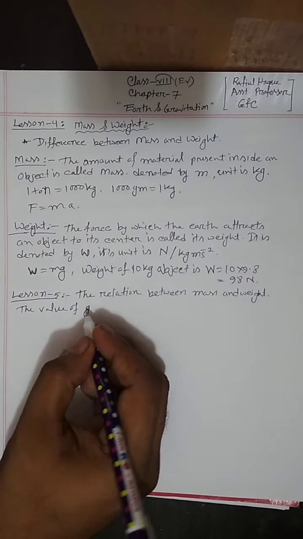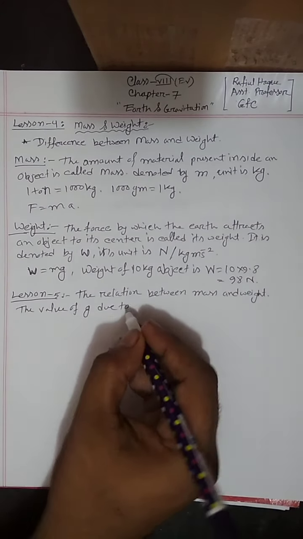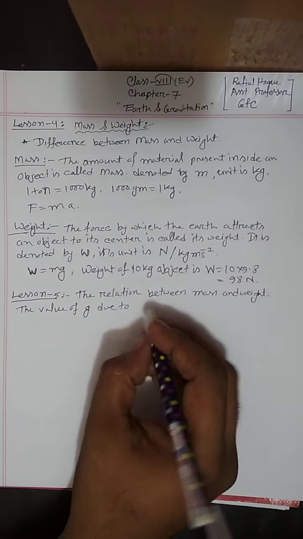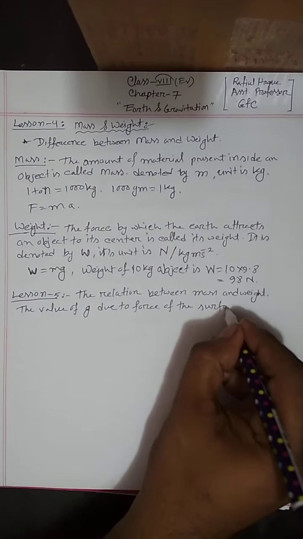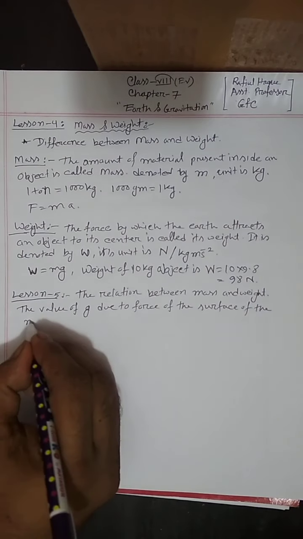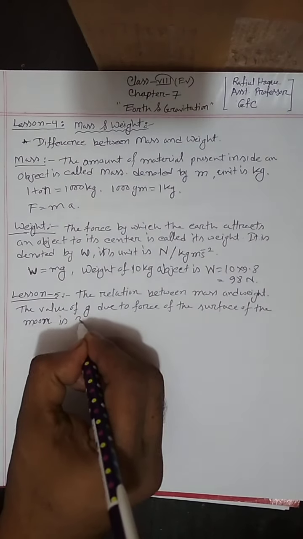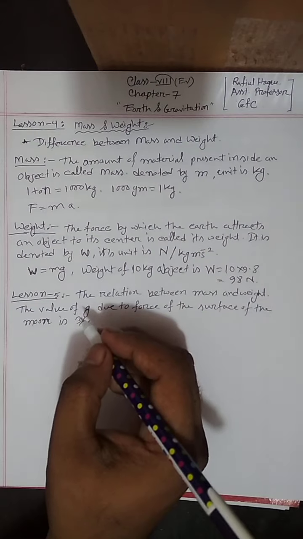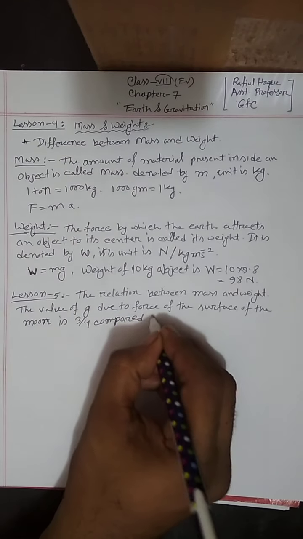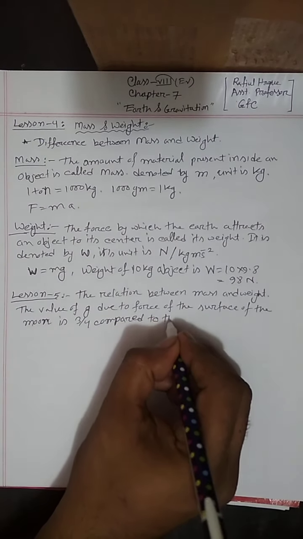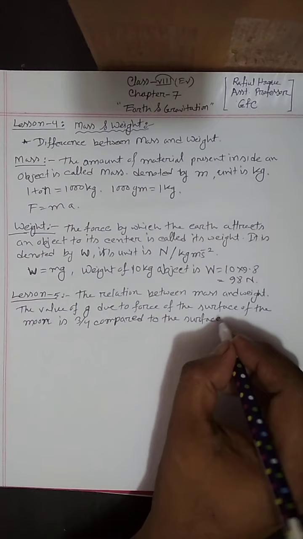the value of g, that means acceleration due to gravity, at the surface of the Moon is 1/6 compared to the surface of the Earth.